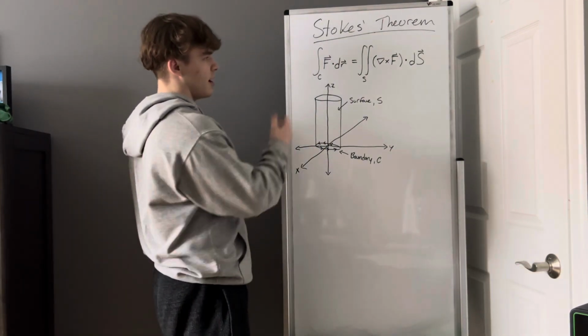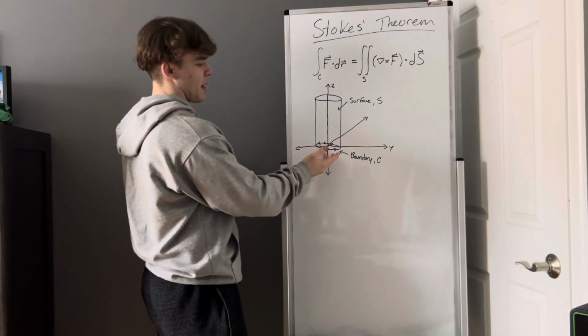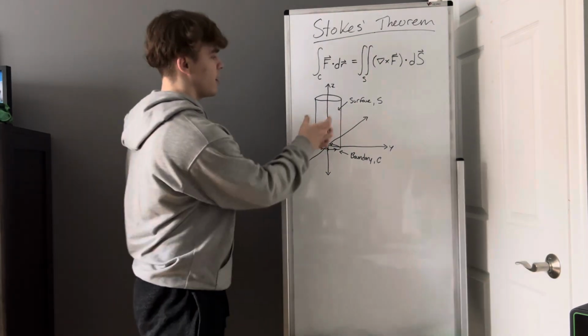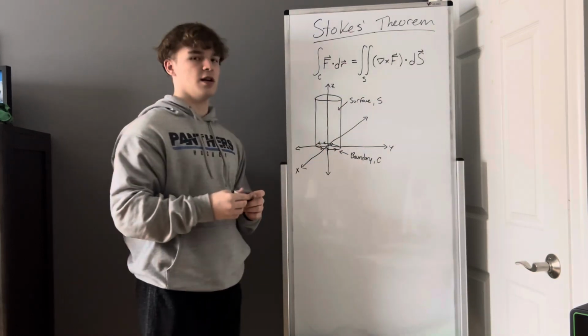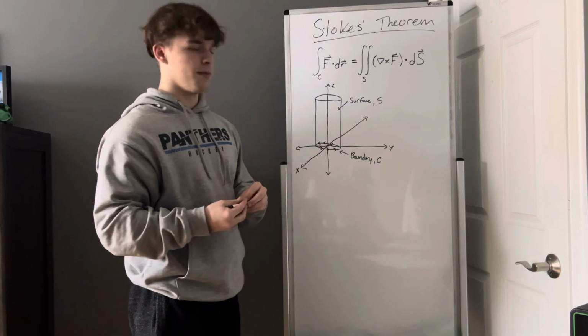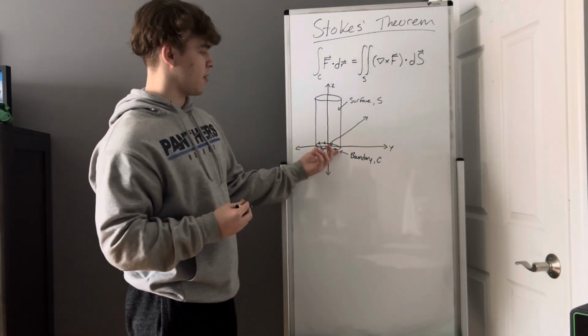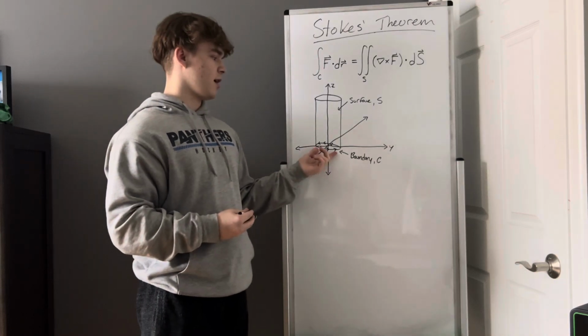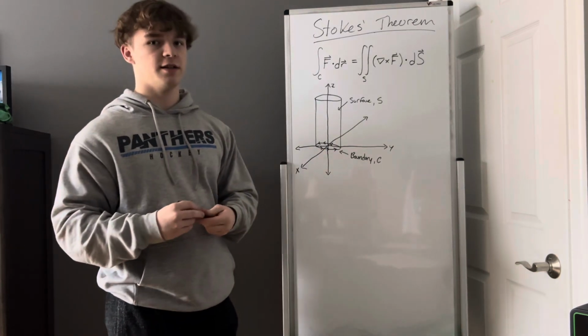Well, this line integral has to be the boundary of some surface S. So here is our surface S in this example, the cylinder, and here is our boundary, or our line, C, that bounds the surface S.